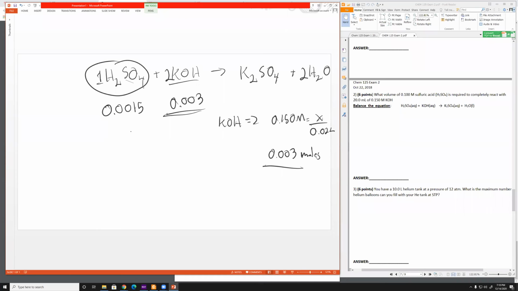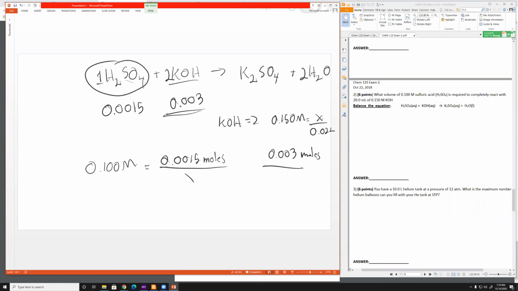Good. All right. So then after that, you just use the information they gave you on that sulfuric acid, which is 0.1 molar. So 0.100 molar equals 0.0015 moles, which we just figured out. And the question is asking for the volume.